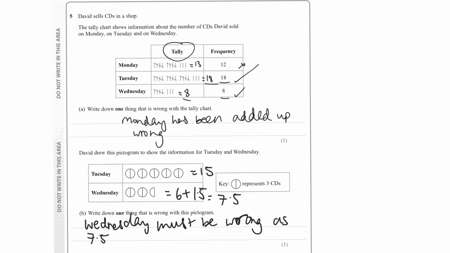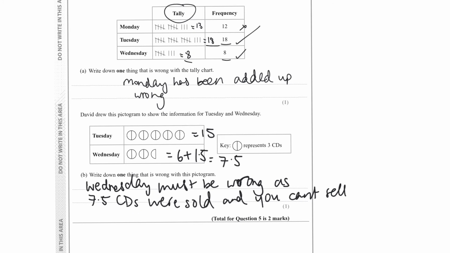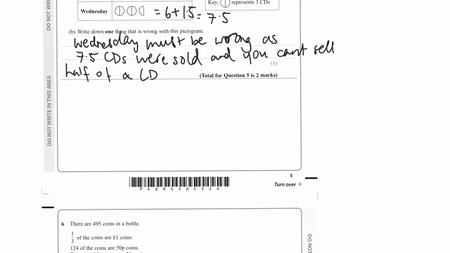As 7.5 CDs were sold, and you can't sell half of a CD. So I hope that makes sense too.